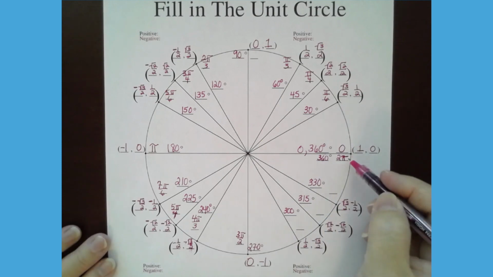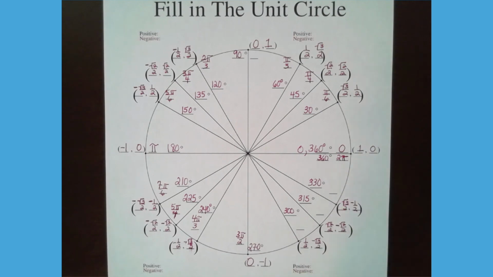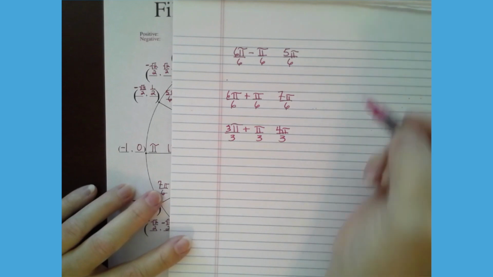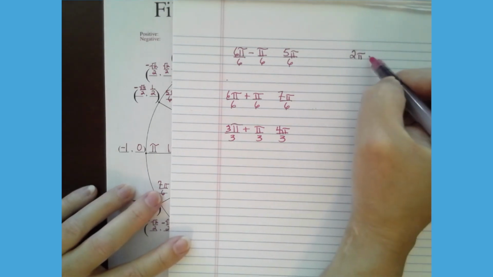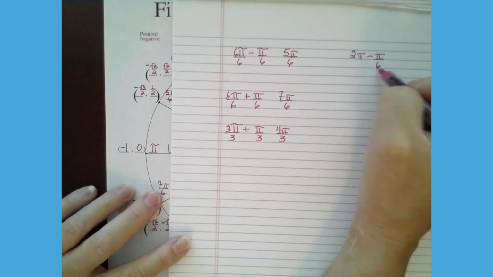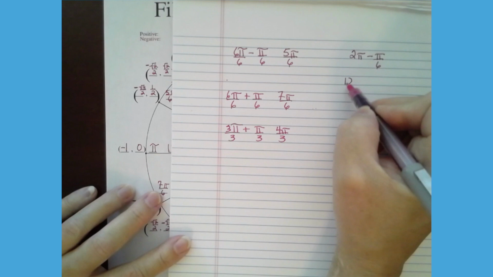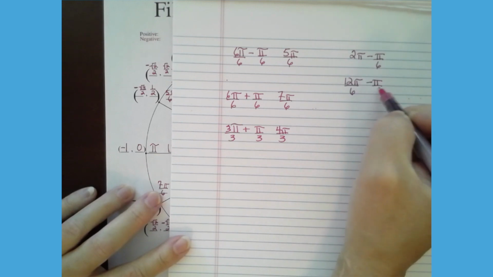If you take 2 pi and you subtract pi 6, what would that look like? Alright, so let's think about that. I'm going to come back and show you my little algebra. So if I have 2 pi and I want to subtract pi 6, then if I multiply the top and bottom by 6, that is 12 pi over 6 minus pi 6.